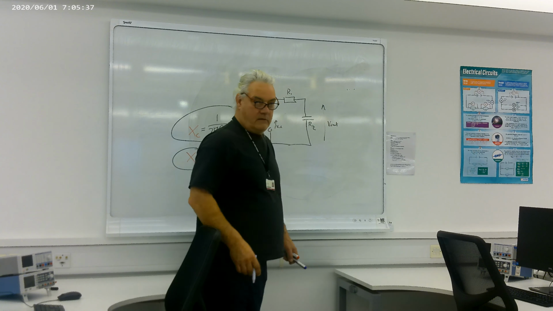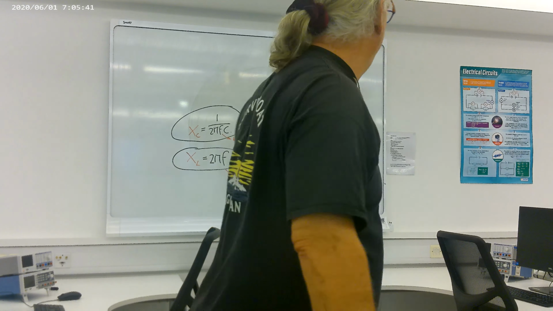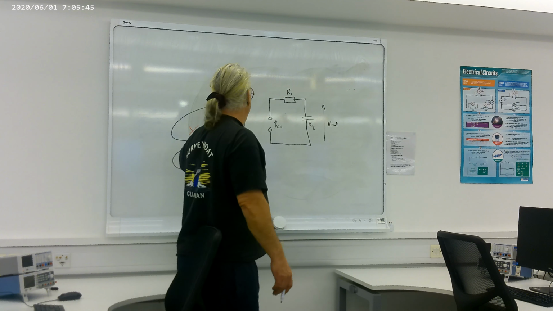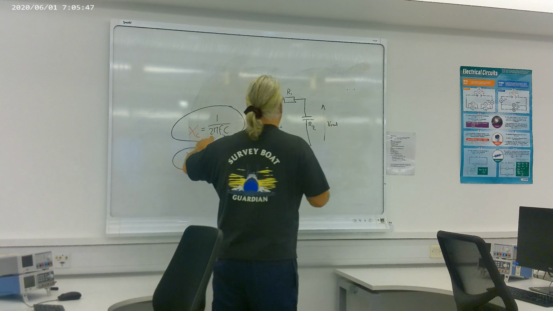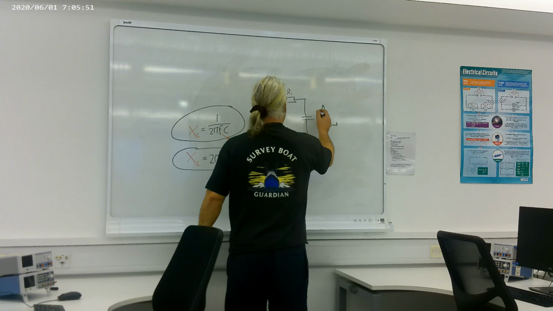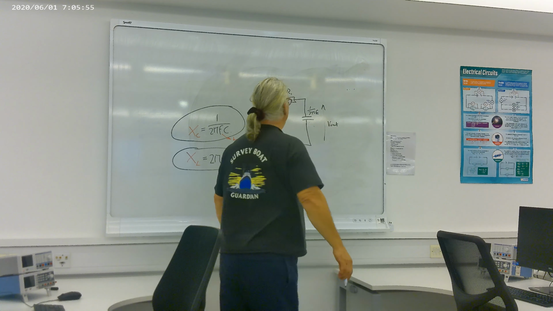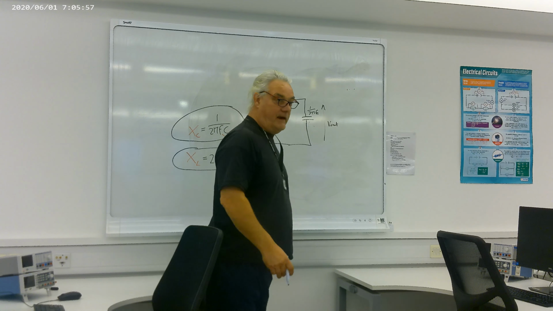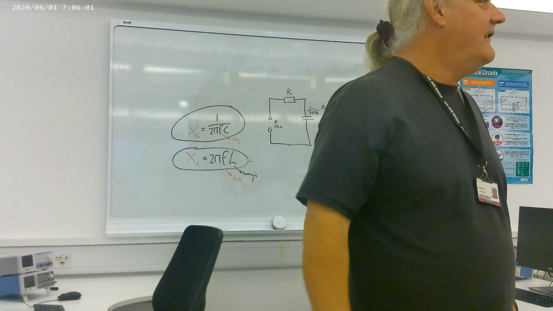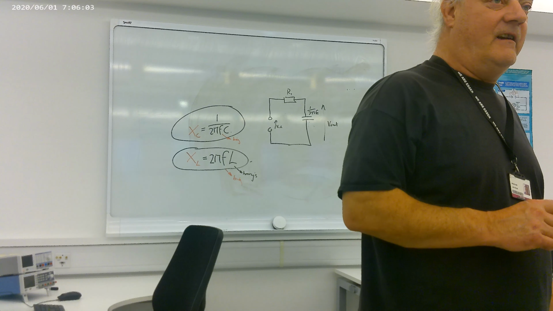What changes? Nothing changes, because I've got an equation for the capacitive reactance of it. So all I've got to do is replace this here with its equivalent resistance. If I replace that with that, I can treat it exactly the same way as I could the two resistors. Except now I'm dealing with those two.